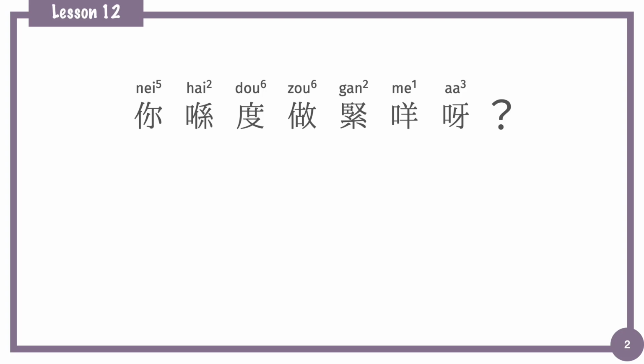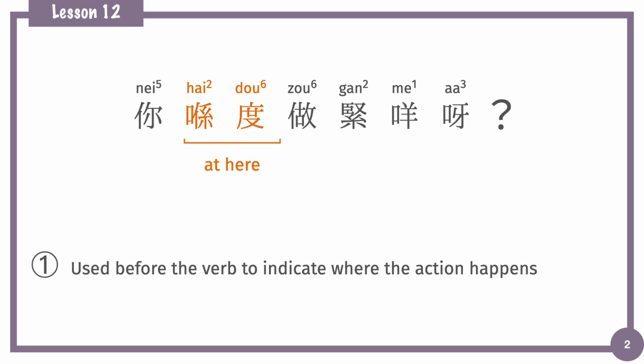Now let's look at the second sample sentence of today. 你喺度做緊咩呀? We'll talk about the word 喺度. The word 喺度 has two functions. The first function is we use it before the verb to indicate where the action happens, because it's the combination of 喺 and 度. 喺 is the preposition, meaning in, on, at, like 喺屋企 at home, 喺學校 at school, 喺商場 in the shopping mall.